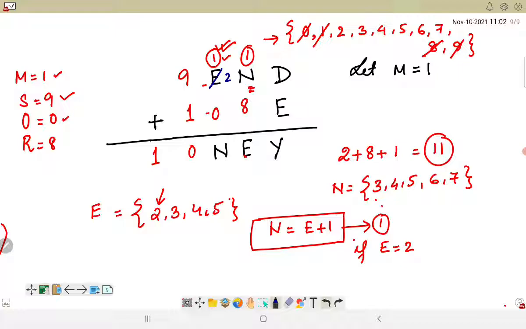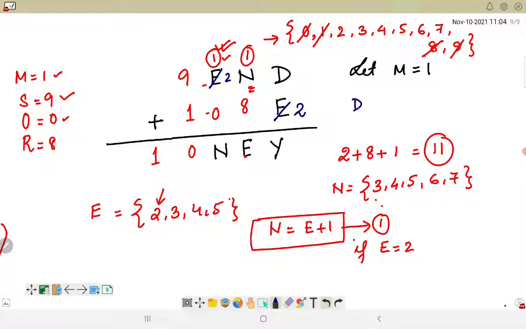That means 2 plus 0 plus 1, that would be the situation. So 2 plus 0 plus 1 would be n. And there is one more e, which is this, so 2.